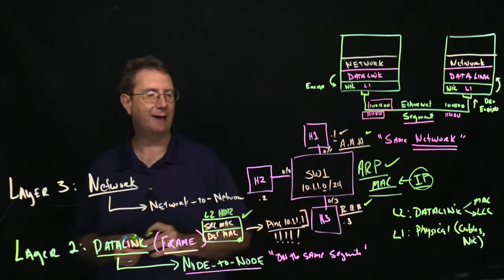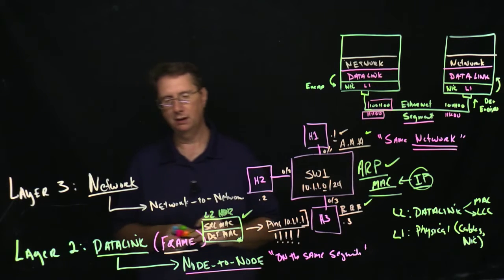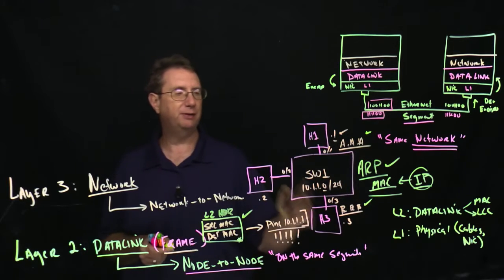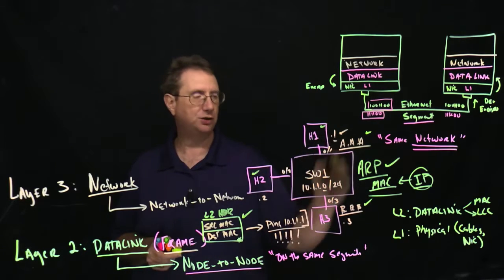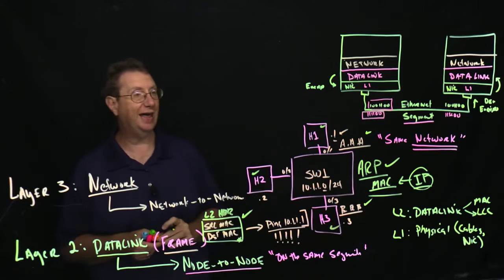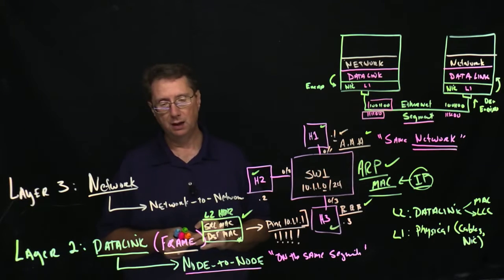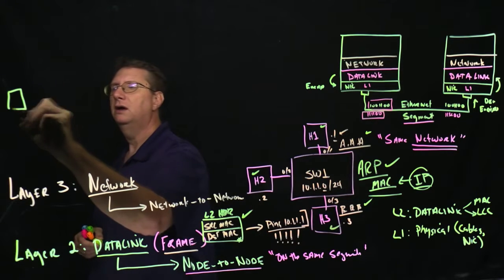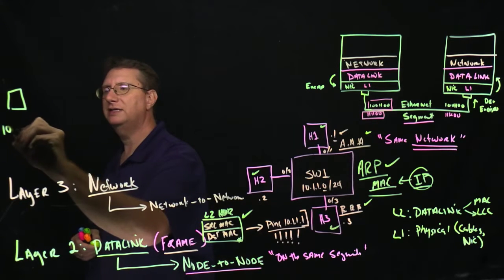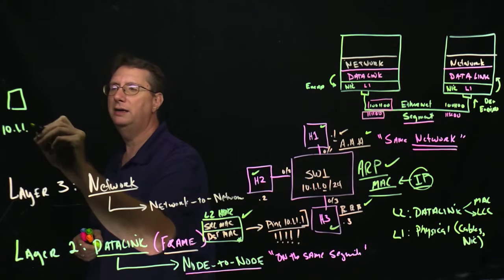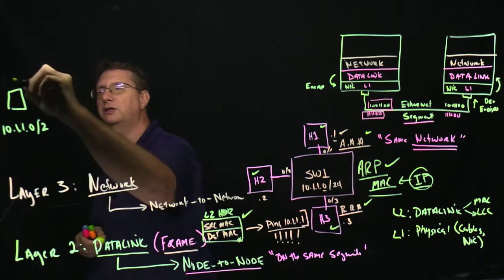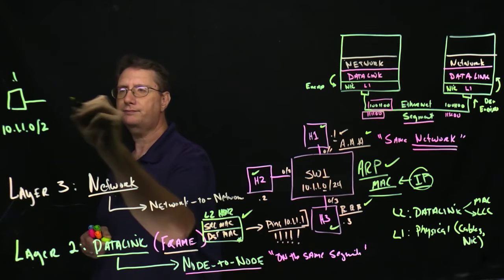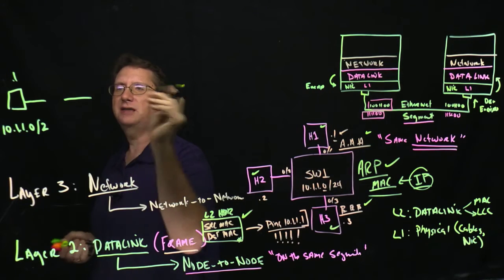Remember, we talked about that encapsulation process. And this is going to work perfectly fine simply because H2, H1, and H3 are all part of the same Ethernet segment. But what if they're not? What if it was connected like this, where I had a device over here that is in 10.1.1.0/24, let's just say .1 is his IP address, and he is connected via some mechanism.